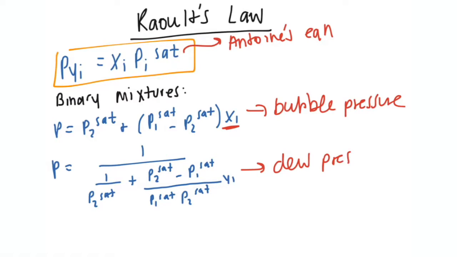So if you need to remember, think of dew pressure as being the point where I get my first drop of liquid. I'm starting from the vapor and I'm getting my first drop of liquid. Since there's going to be more vapor at my dew point, because you're only going to have a drop of liquid, I'm going to look for my vapor mole fraction, y.